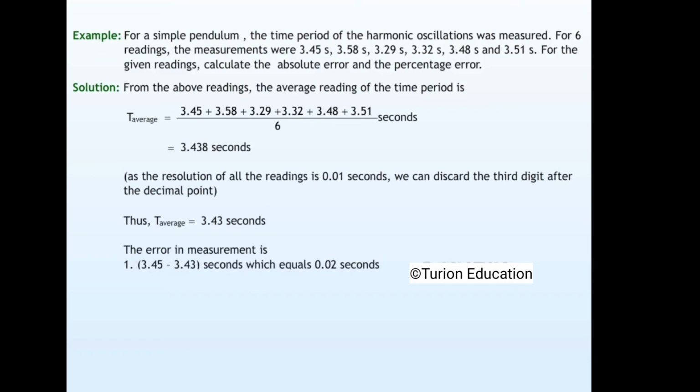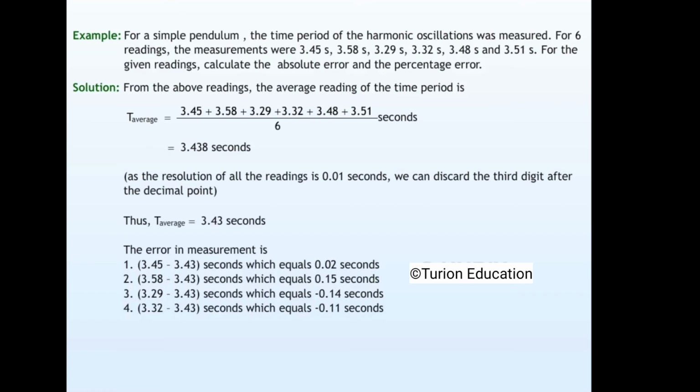The error in measurement is 3.45 minus 3.43 seconds, which equals 0.02 seconds. 3.58 minus 3.43 seconds, which equals 0.15 seconds. 3.29 minus 3.43 seconds, which equals minus 0.14 seconds. 3.32 minus 3.43 seconds, which equals minus 0.11 seconds. 3.48 minus 3.43 seconds, which equals 0.05 seconds. 3.51 minus 3.43 seconds, which equals 0.08 seconds.